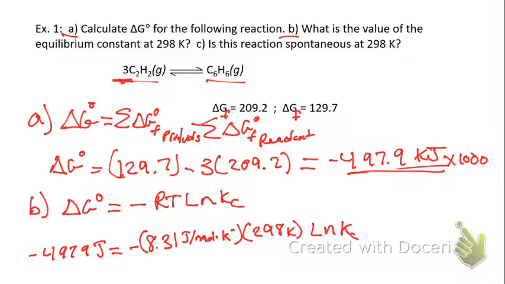All right, so when we do the math, we should find that we end up getting a positive 200.9 is equal to the natural log of Kc. So now, in order to find Kc at this point, we have to take the inverse log.